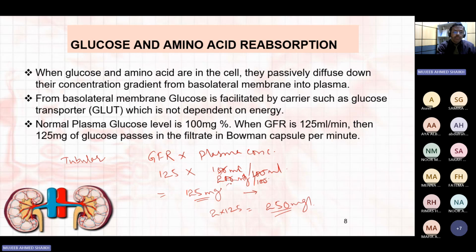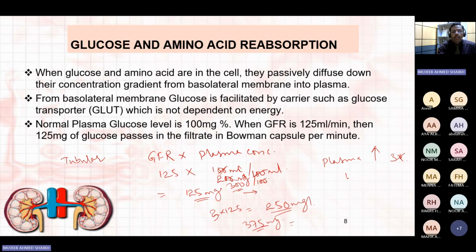If suppose blood sugar level becomes 300, then it will be 3 into 125, which is 375 milligram. At that point also, all of the sugar will be absorbed. This means that the plasma glucose level should increase to more than 3 times.